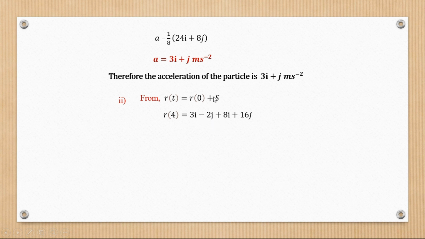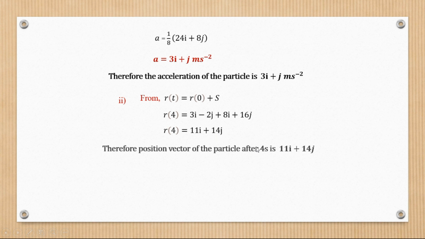Now I'm going to add this to the distance. Remember, the distance is 8i plus 16j. So 3i plus 8i gives me 11i, and 16j minus 2j gives me 14j. So this is what I have. Therefore the position vector of the particle after 4 seconds is 11i plus 14j, and that is the answer they wanted.